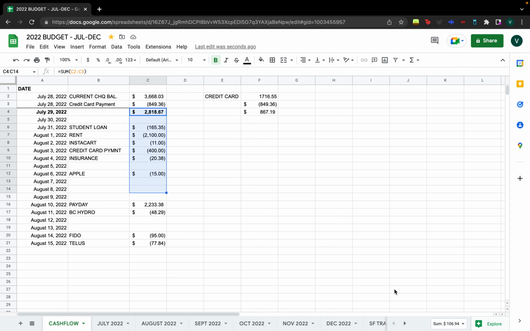So I'll still have $100 in the bank account, and then I will do another credit card payment here to catch up. So then we'll do minus 400 here, and we have 467.19 left, right? And then we do 467.19, and this can be, oh, there we go.